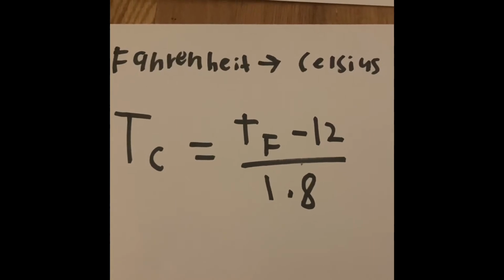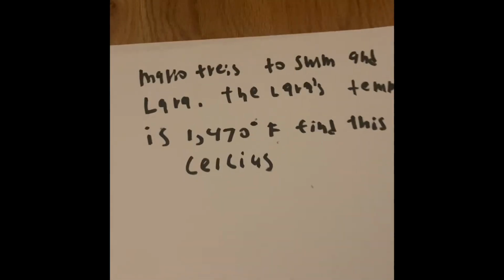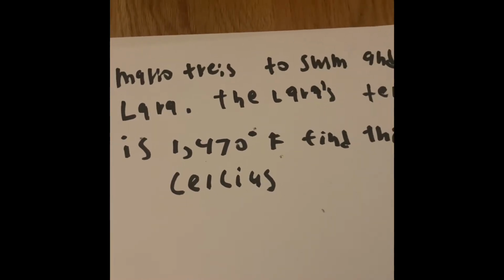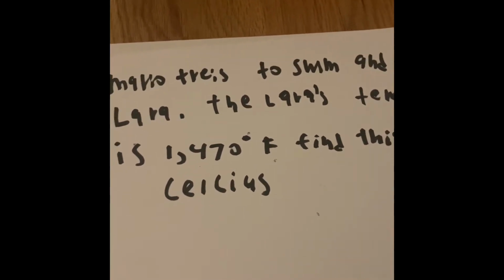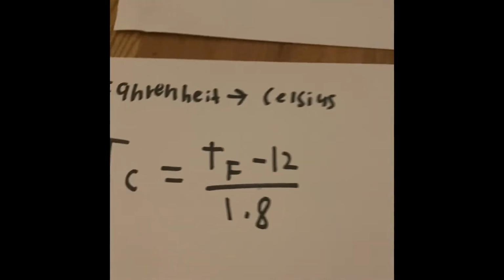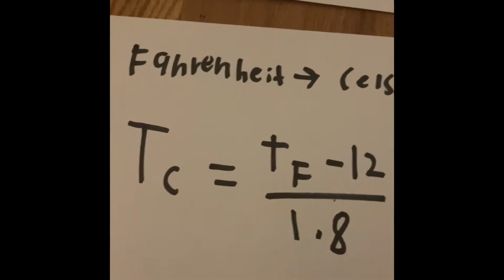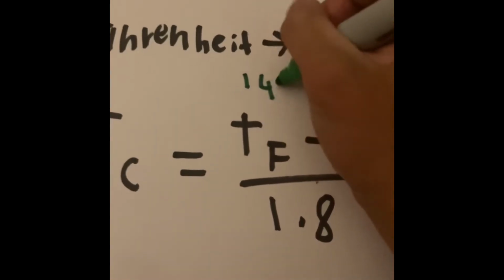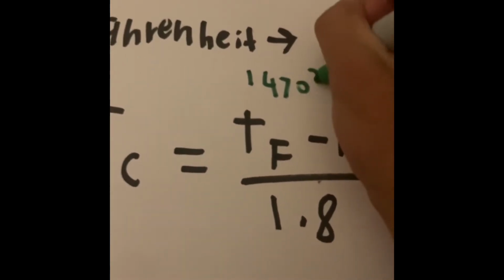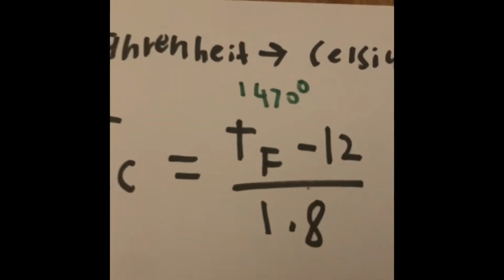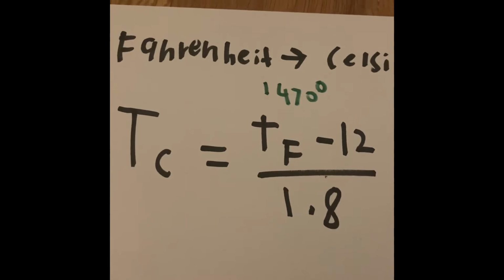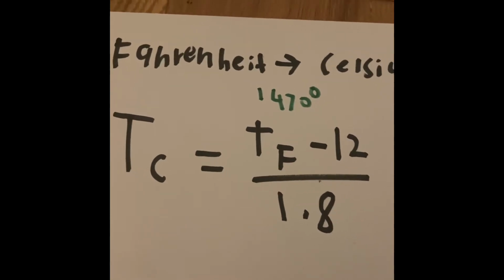Since we said that the temperature of the lava is 1,470 degrees, we need to put it in Celsius. So what we're going to do is put in big T little f is 1,470 degrees. You'll have to use a calculator for this one, because you have to then divide by a decimal after subtracting.